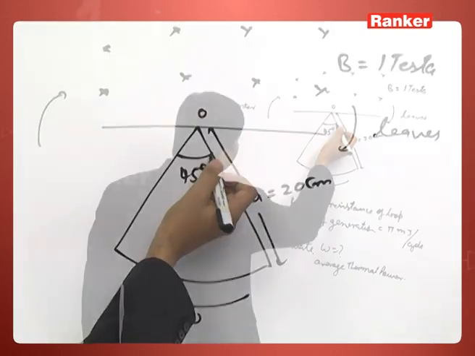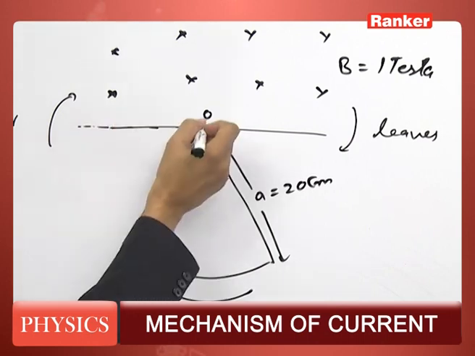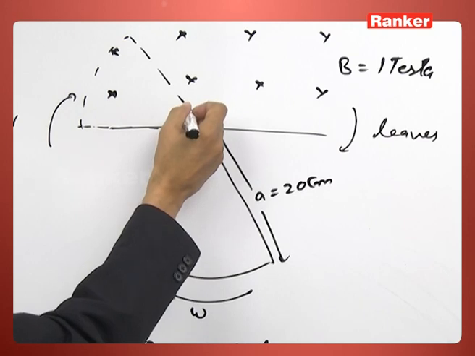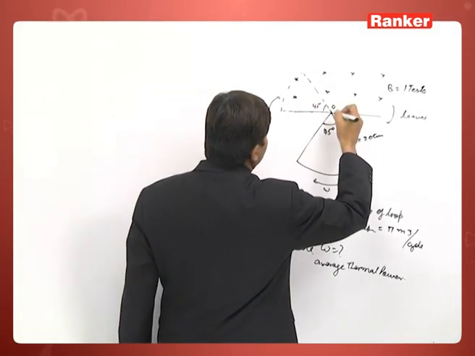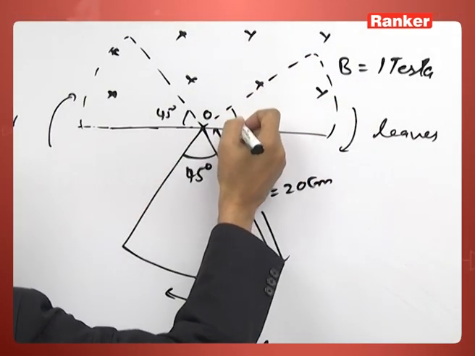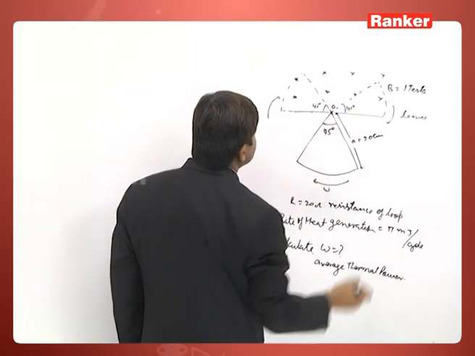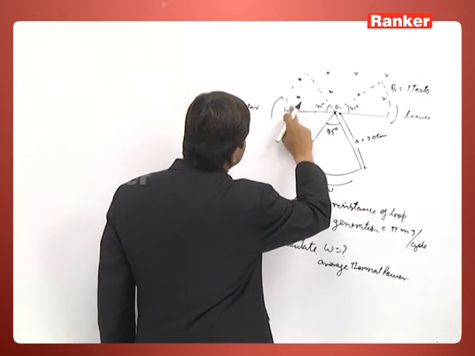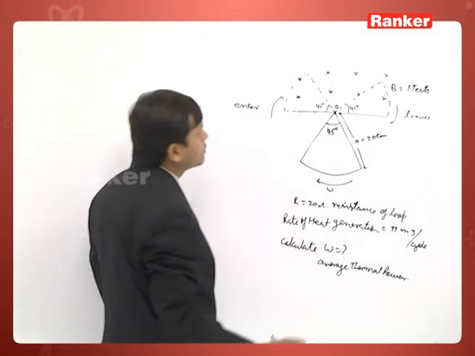As the total angle here is 45 degrees, when the loop acquires this position, the generation of heat stops, because there is no change in flux, so from here to here there is no generation of heat. Heat is generated only when it is just about to enter completely and when it is just about to leave.